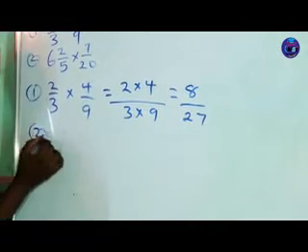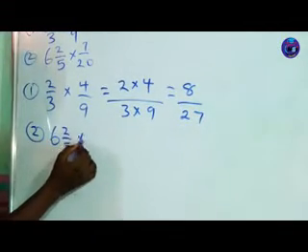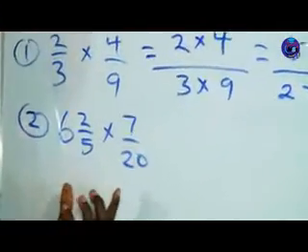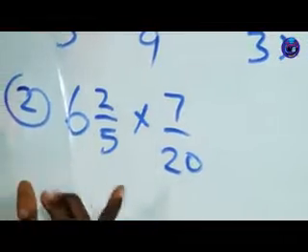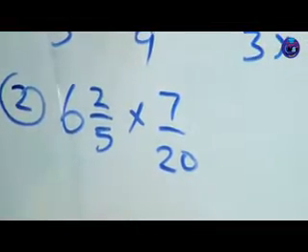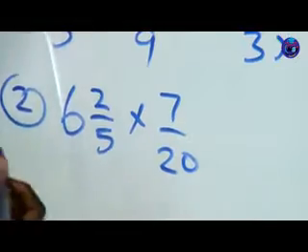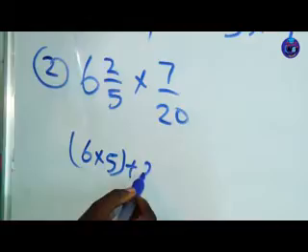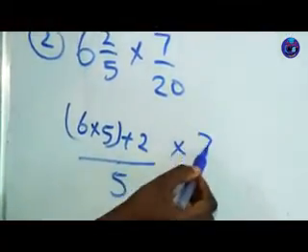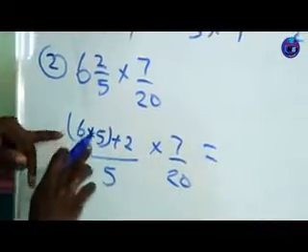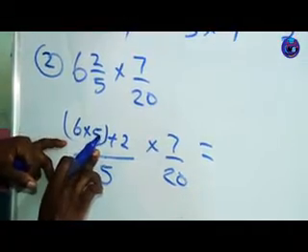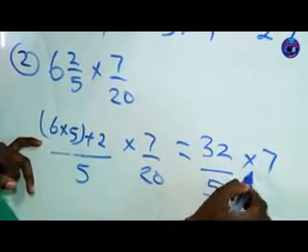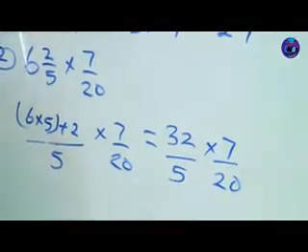The second question, 6 whole number 2 over 5 times 7 over 20. Now we have a mixed fraction here. We need to change it into an improper fraction like we learned in the previous lesson. What do we do? 6 times 5 plus 2 all over 5 times 7 over 20. 6 times 5 is 30 plus 2, 32 all over 5 times 7 over 20.